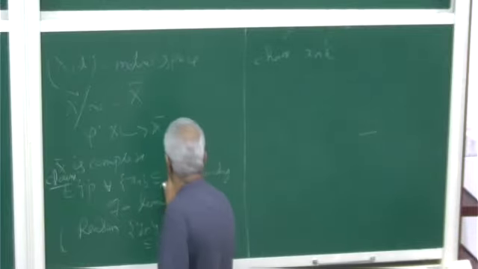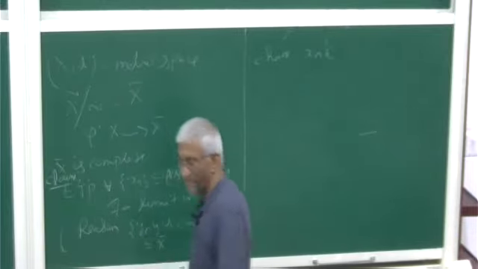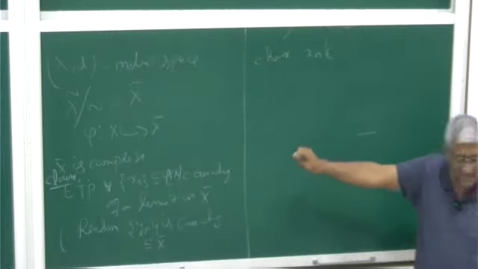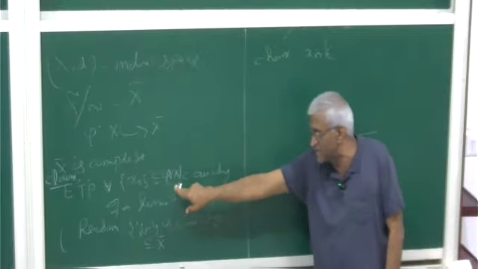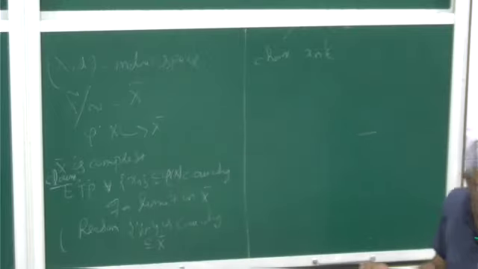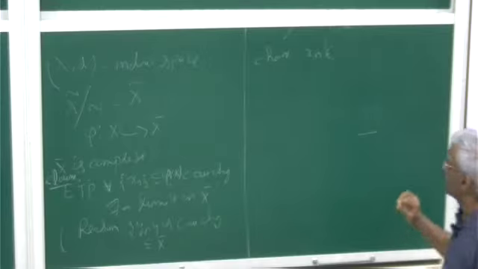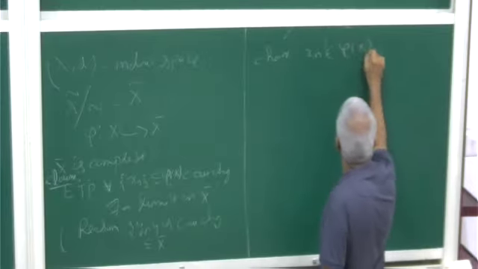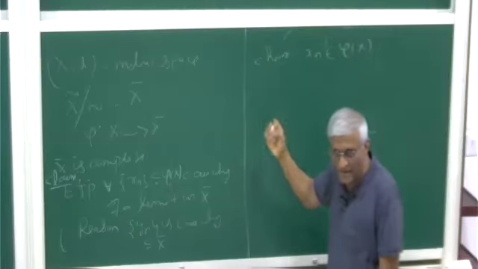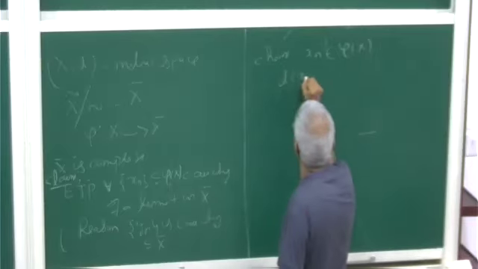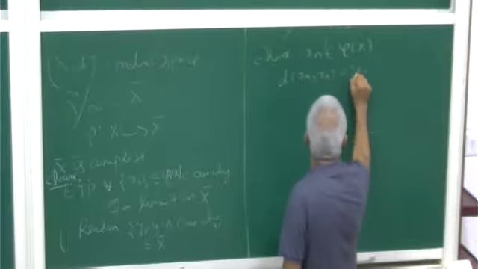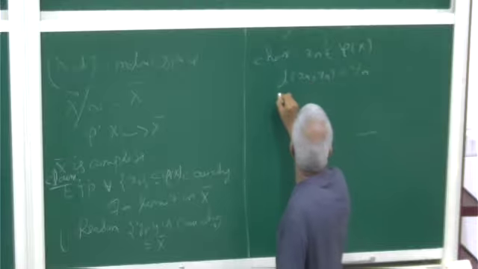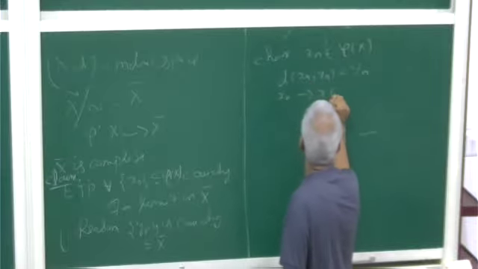If you want to be correct, we are identifying X inside X bar, so it should be called phi of X. So choose Xn in phi of X such that d of Xn, Yn is less than 1 by n. Now that has a limit: Xn converges to some X in X bar.